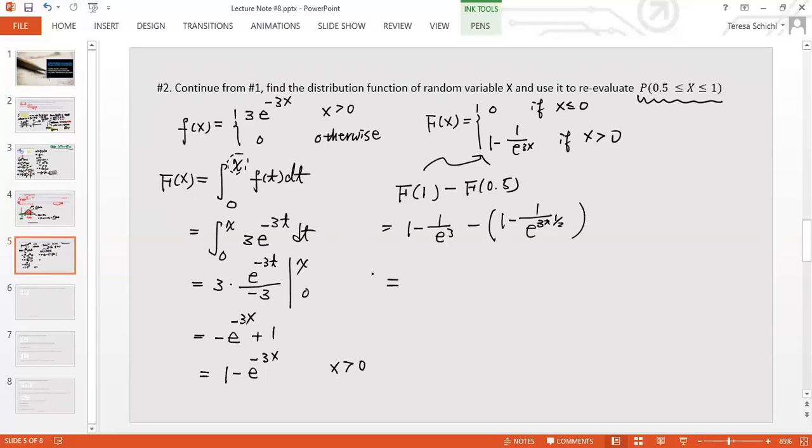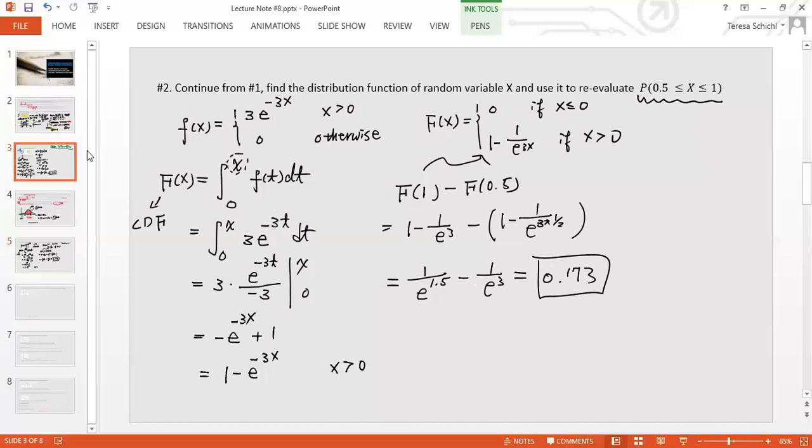So when you do that, you will get the same thing here. It's 1 over e^1.5 minus 1 over e^3, right? So the same thing here, you get 0.173. Did you see the difference here? This time I used the CDF to find the probability.